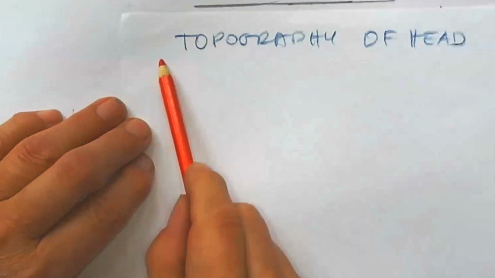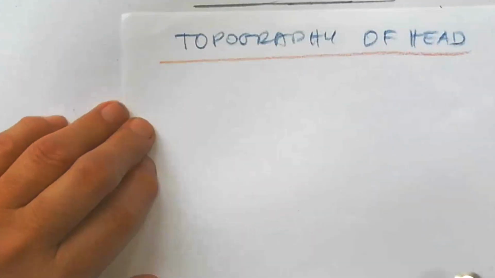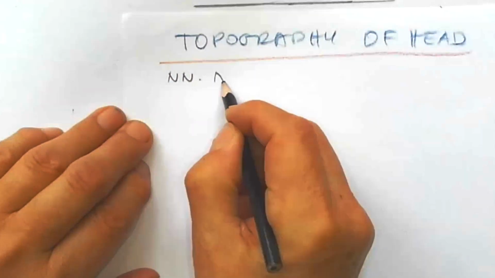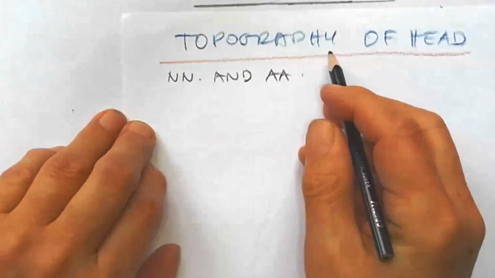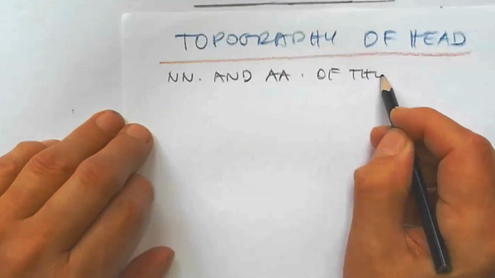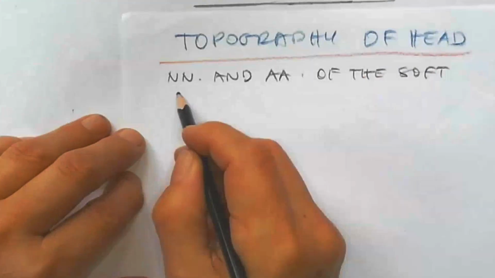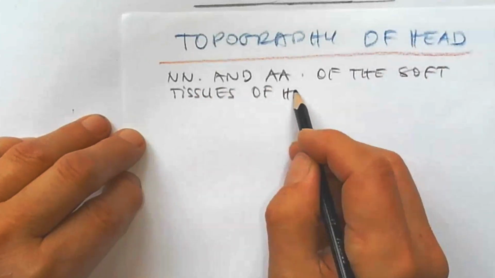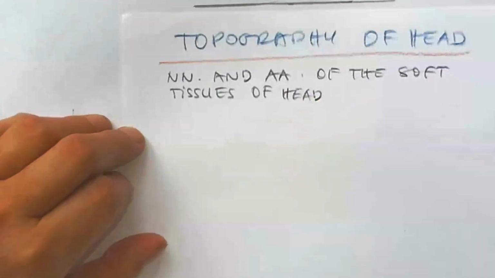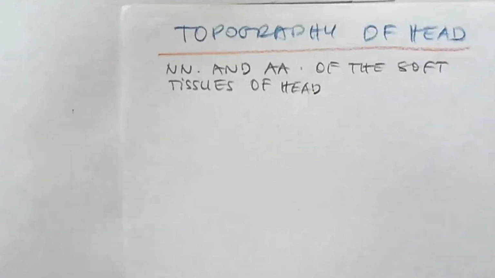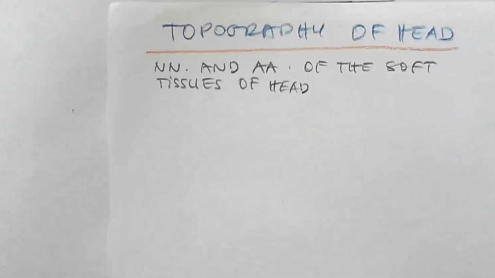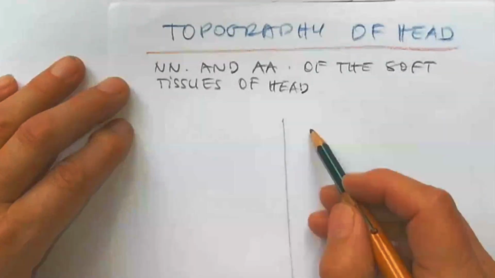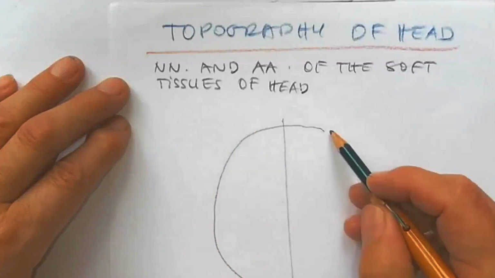First, number one would be the general description of the nerve supply, nerves and arteries of the soft tissues, of the soft covering of the head. Practically, this means we are speaking about general sensory innervation and arterial blood supply to the area.